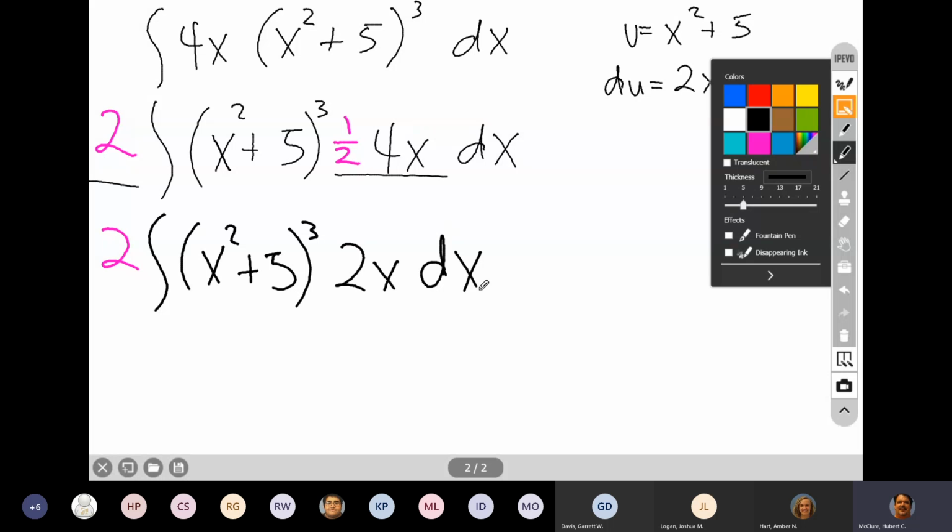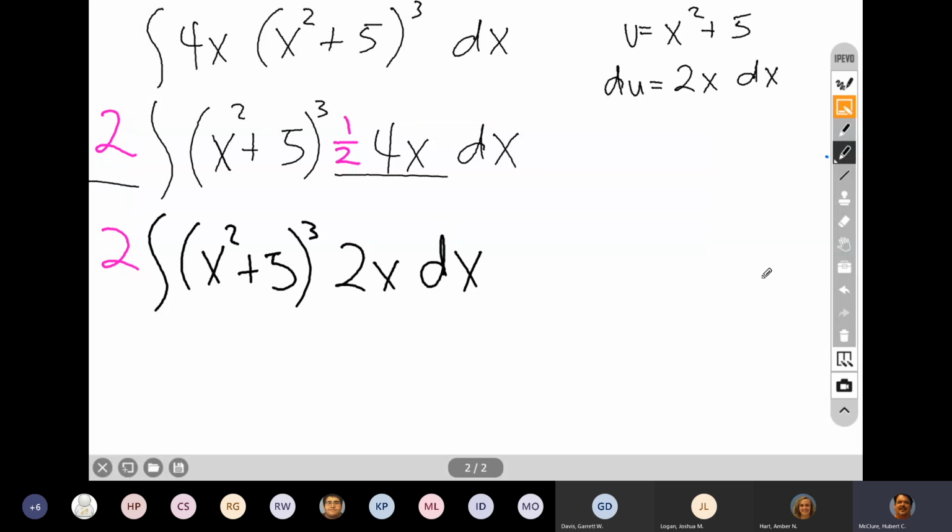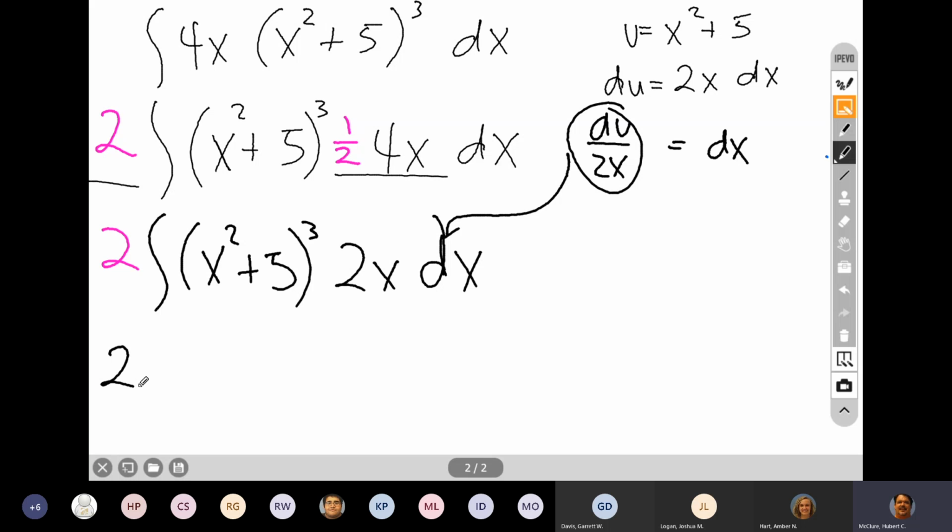And if you wanted to, you could say dx is equal to du over 2x, and plug that in right there. And what will happen to the 2x's? They cancel, and now you're just taking the antiderivative of u to the third. So 2 times the antiderivative of u to the third du.